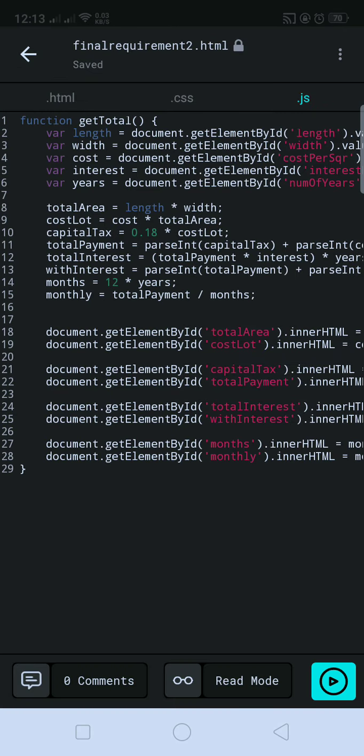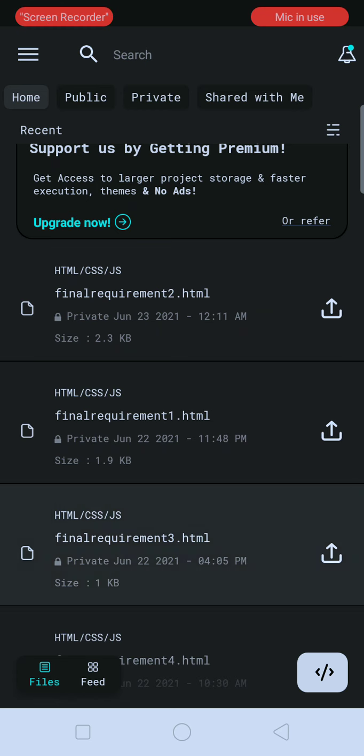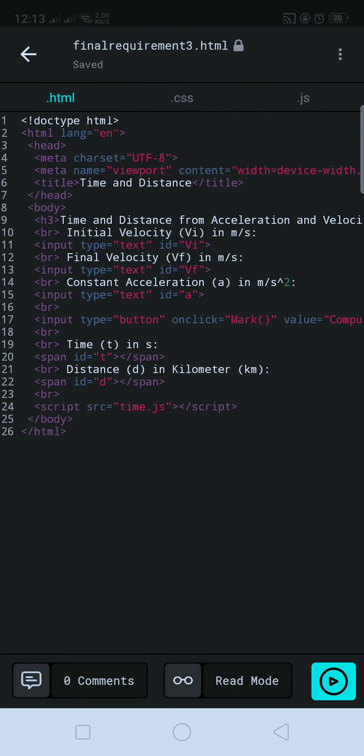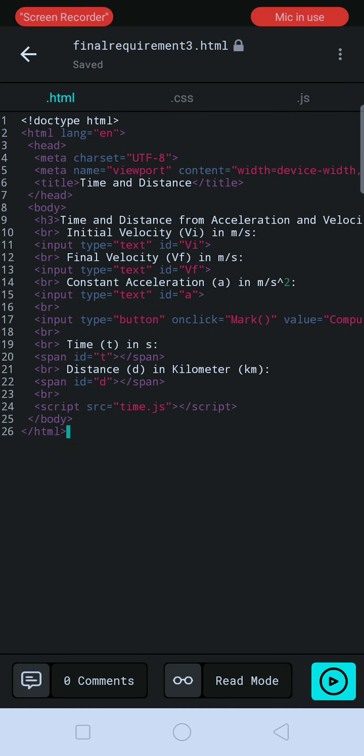Then next, final requirements 3. Title is time and distance. The input of the time and distance is time and distance from acceleration and velocity. Initial velocity vi in m/s.